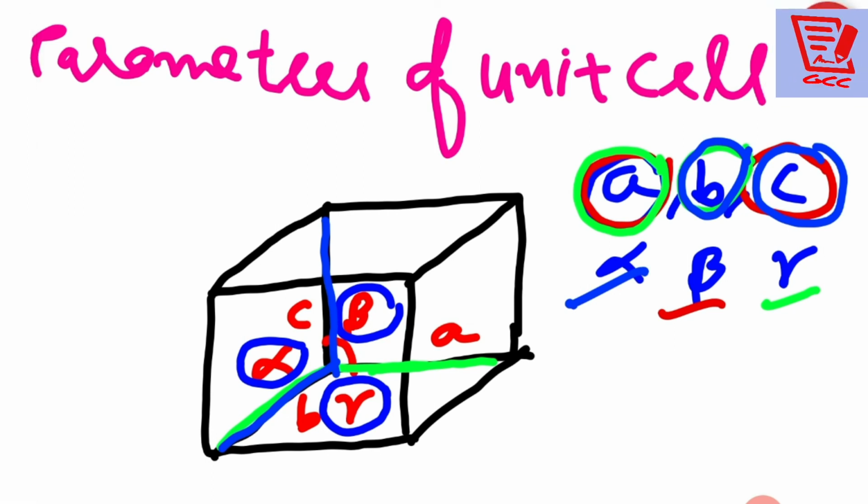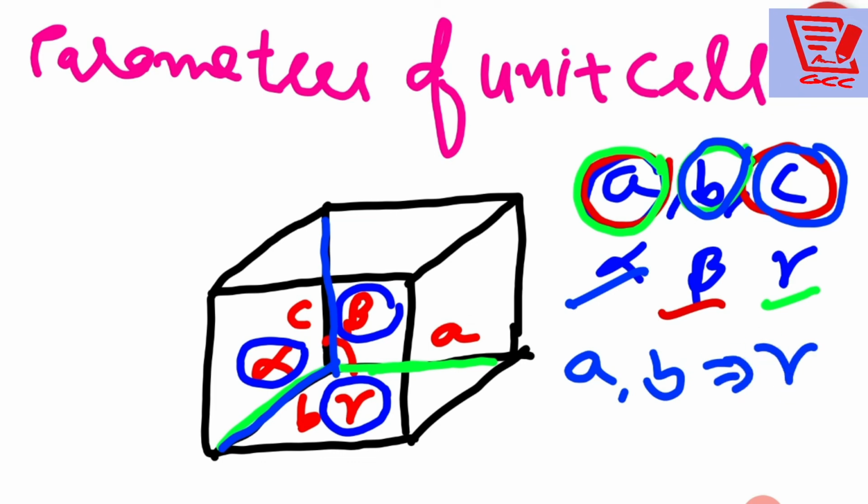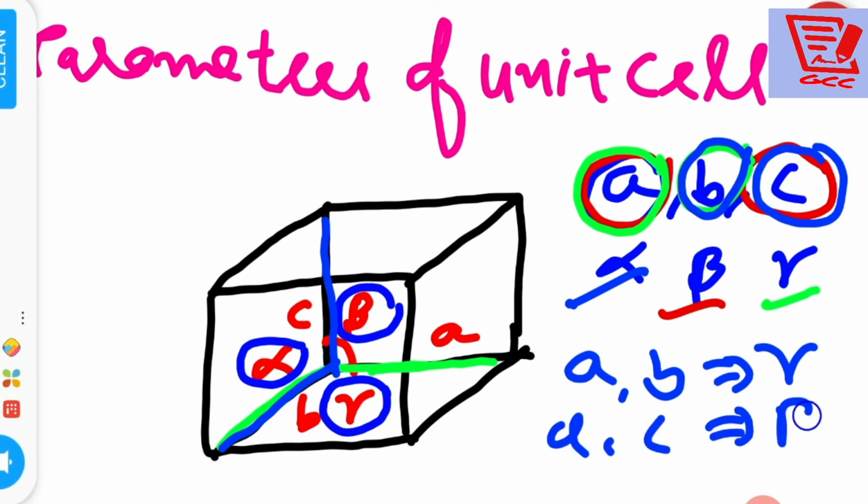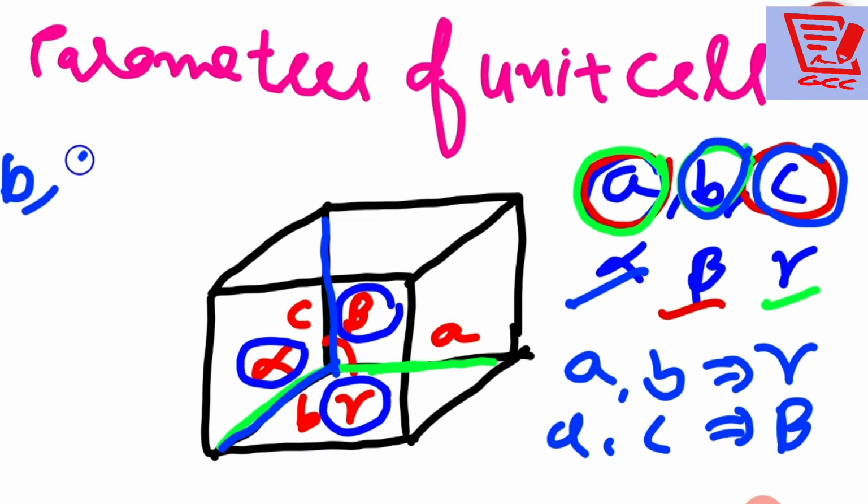So I mean to say you can write ABC anywhere, but always remember: the angle between A and B is called gamma, the angle between A and C is called beta, and the angle between B and C is called alpha.